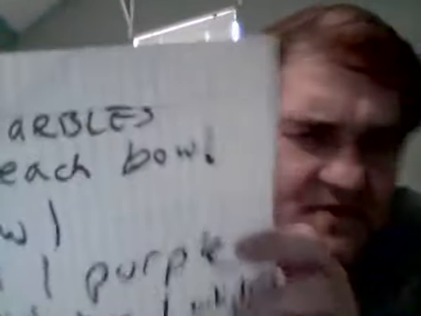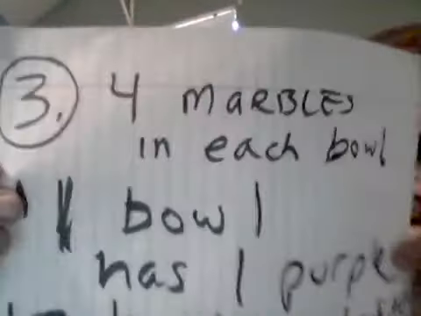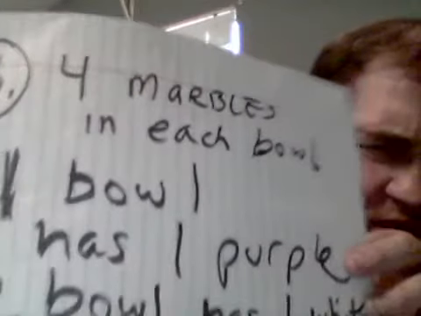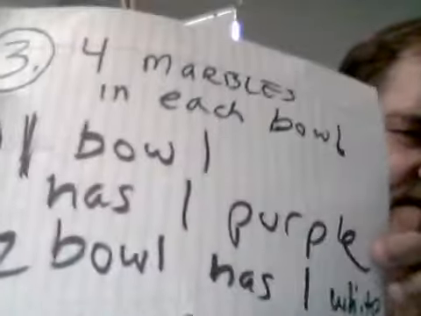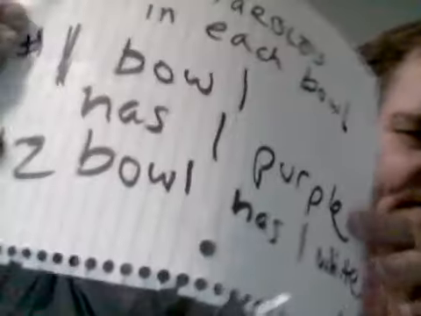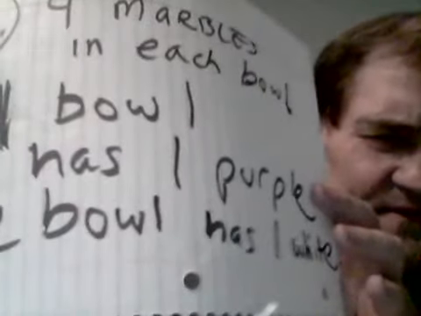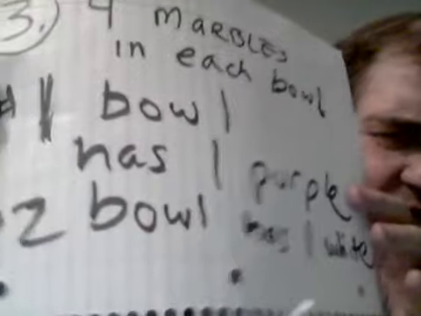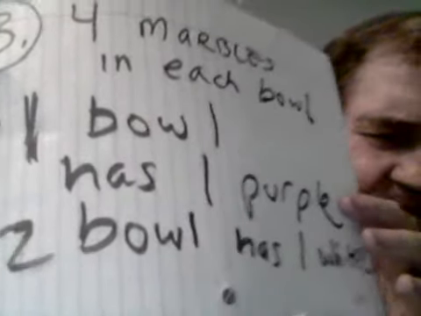So, this is where I wrote this down here. I don't know if it makes any sense. Can you read it or not? Let's see if you can read this. 4 marbles in each bowl. 1 bowl has 1 purple. Number 2 has 1 white. Okay? Alright.